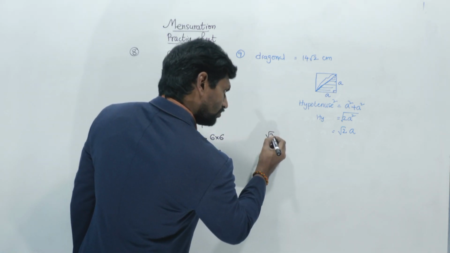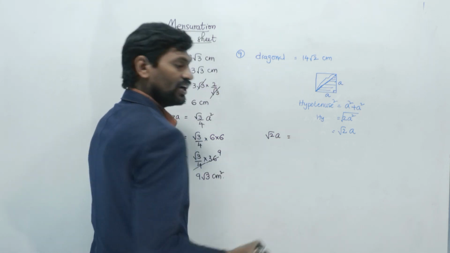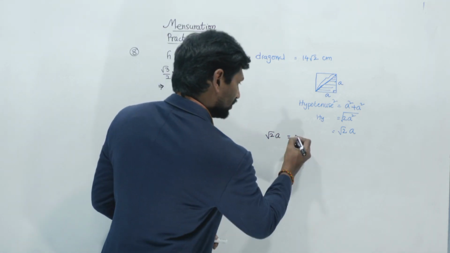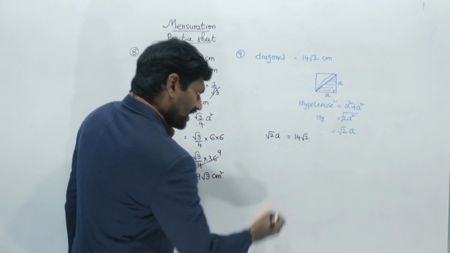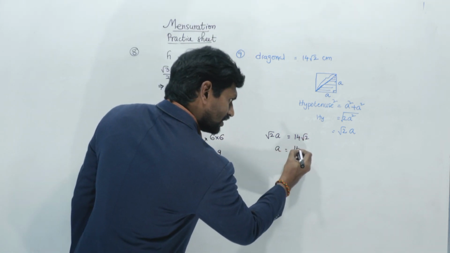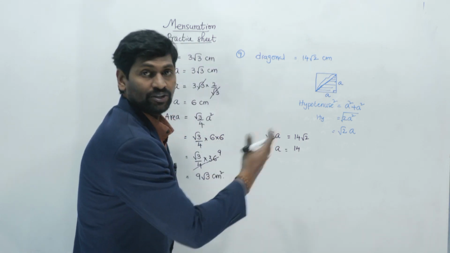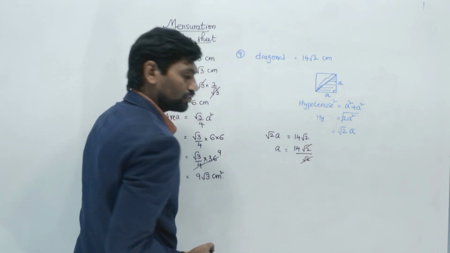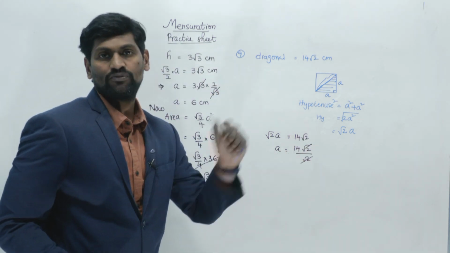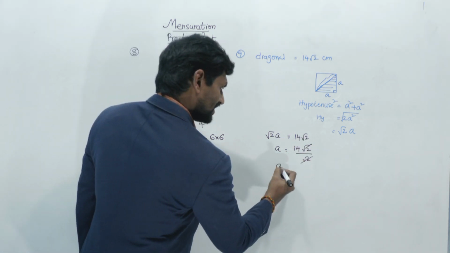So according to the problem, the diagonal of a square, root 2 into A, is 14 root 2 centimeters. Root 2 is multiplying, so when you transpose, it is going to divide. Root 2 cancels. A value is 14. A is nothing but the side.